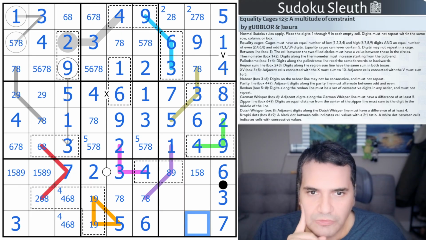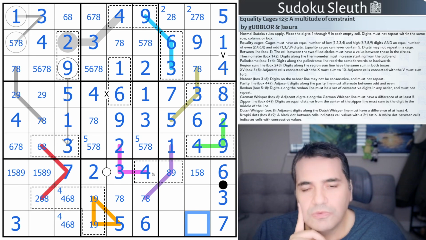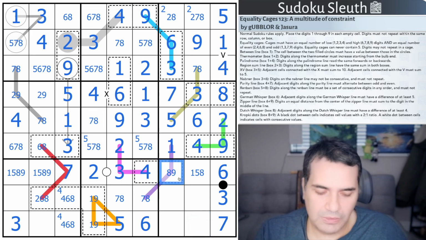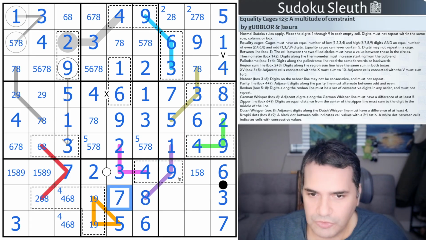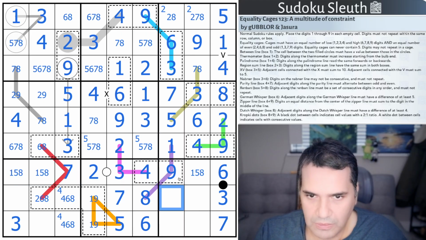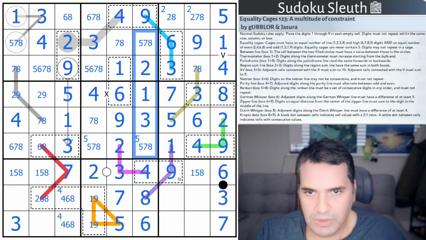Just double checking the variants to see if I've gotten all I can out of them. 4 gives me a 9, like the equality cage, of course, that was there forever. 8, 7, no 9s. That 8 probably helps.